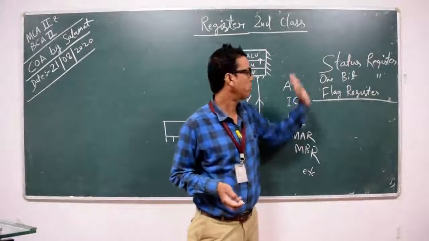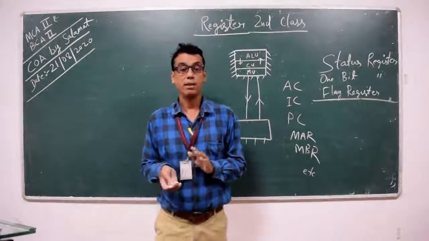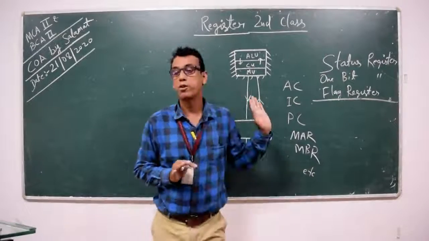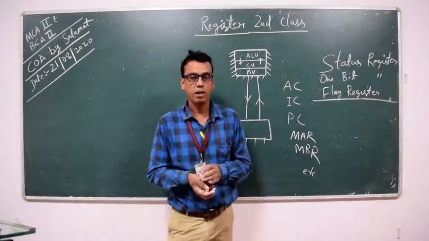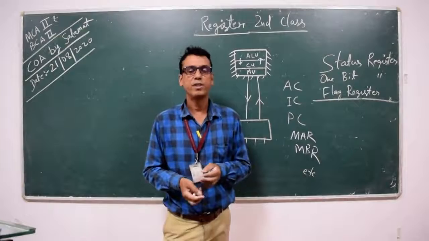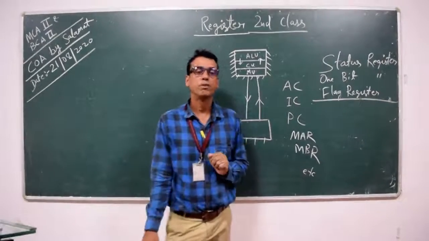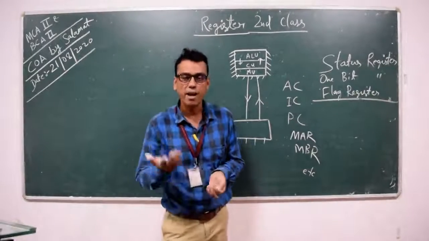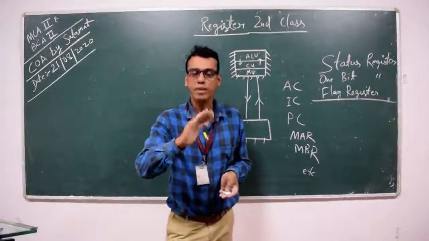Now, first of all, we should learn why it is known as status register. Look, it shows the status of the microprocessor. You must have seen in our Hindi cinema that outside the operation theater there is a bulb, a bulb of red color and green color. If the red color is on, it means the operation is going on.